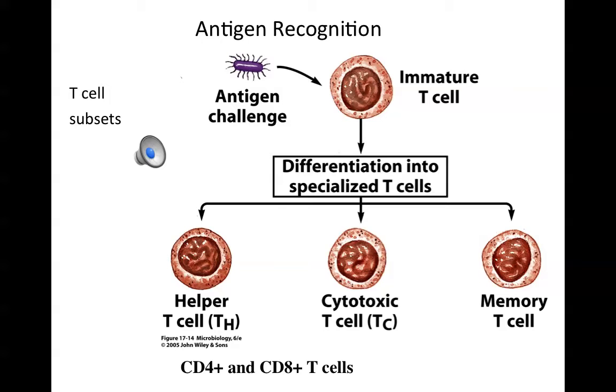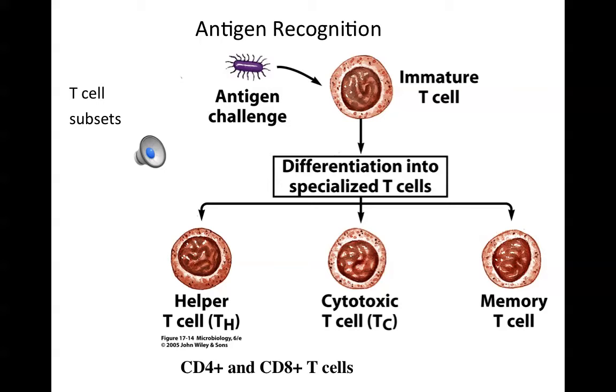Once emerging from the thymus, they have differentiated into specialized T cells, of which there's a vast network of various types of T lymphocytes. Some general categories of T lymphocytes that have been thoroughly investigated and delineated are the T helper cells, the T cytotoxic cells, and the memory T cells.